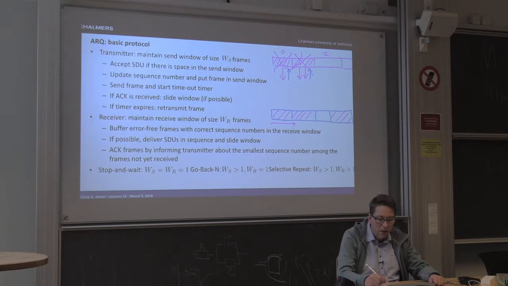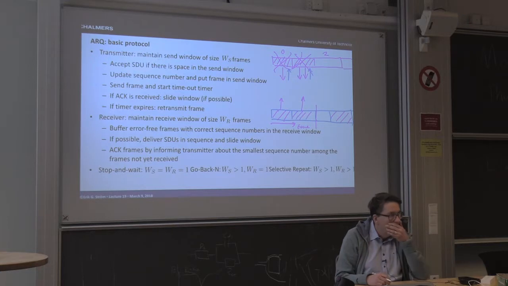We have time along this axis, meaning that this is the oldest one, this is the next oldest one, and so forth. When we come to a situation like this, we know that we can deliver those to the layer above, because then we can deliver them in order. Then we can slide the window to start at this point, so we add some buffer space at the right here. That's the basic principle.